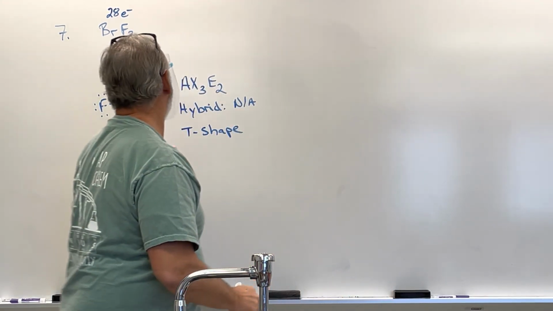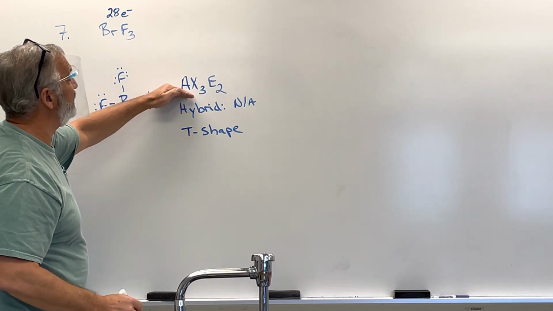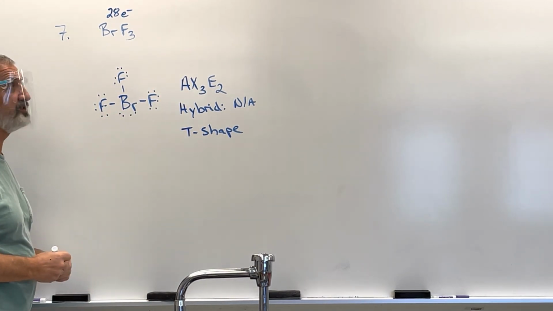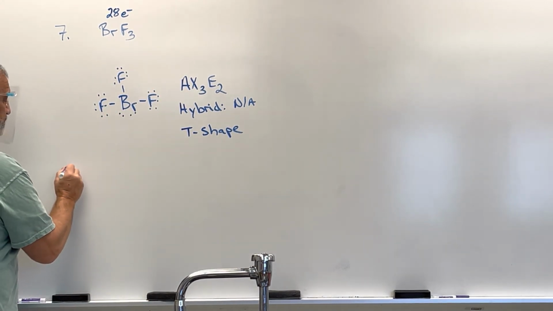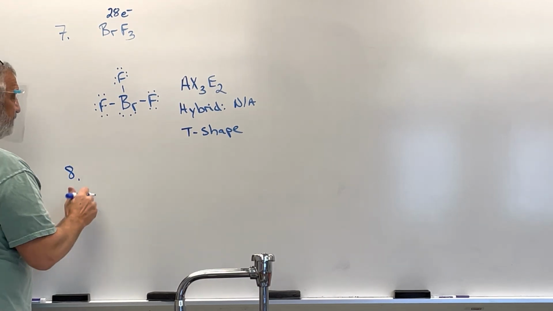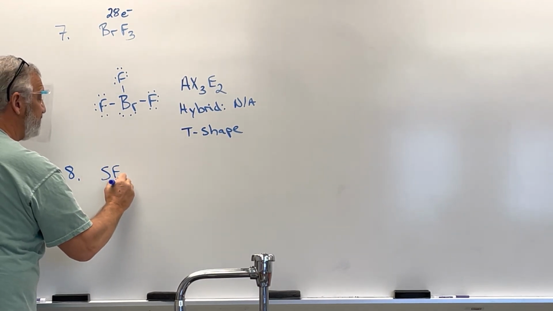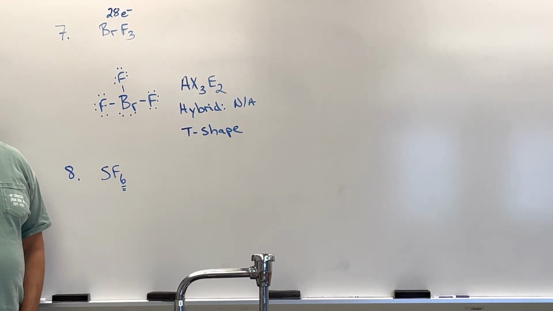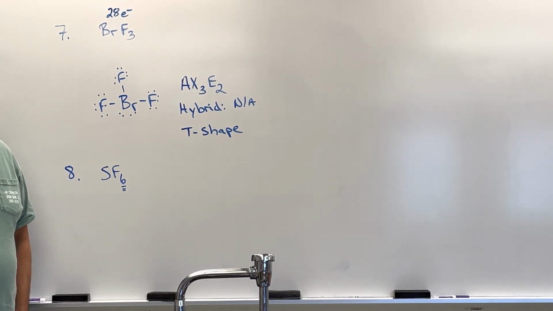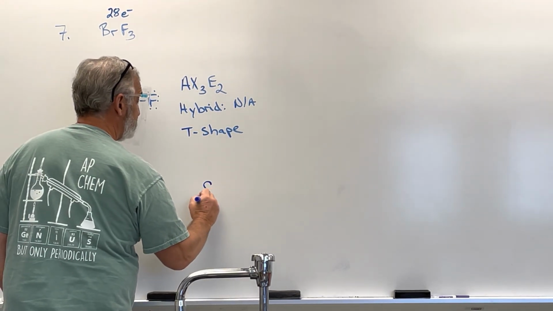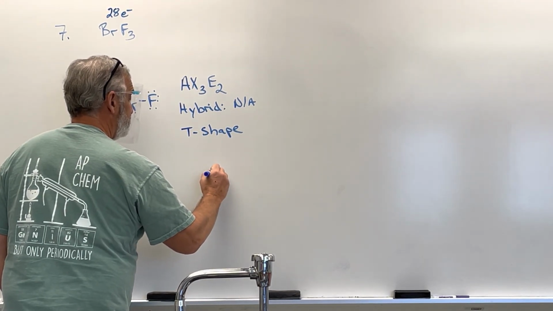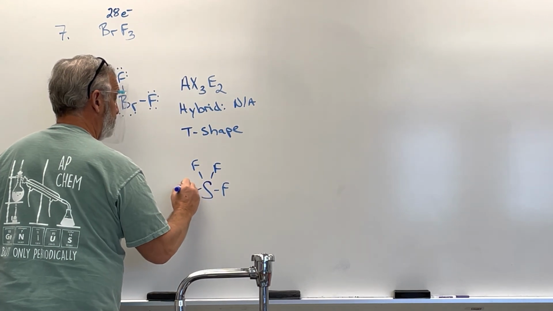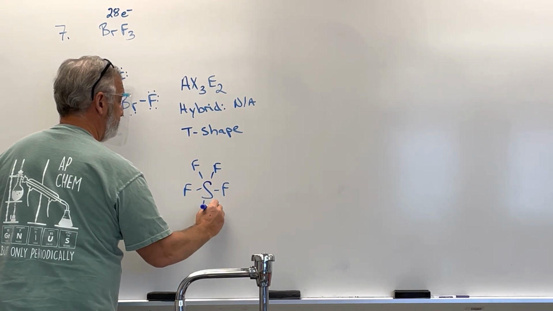So you just have to use your Lewis dot structure, use your AX formula, and that's how you get to your shape. Okay, so what's number 8? SF6. As soon as I see that 6, I know it's an expanded octet. The only way to get 6 things around that sulfur is with an expanded octet. So I'm just going to go 1, 2, 3, 4, 5, 6.